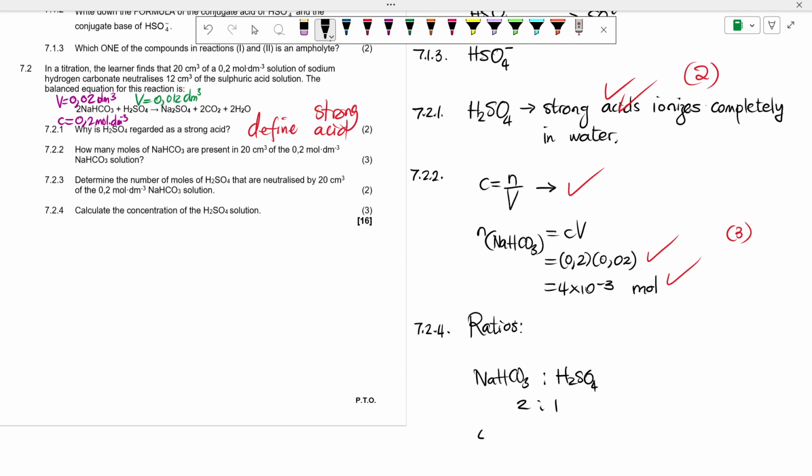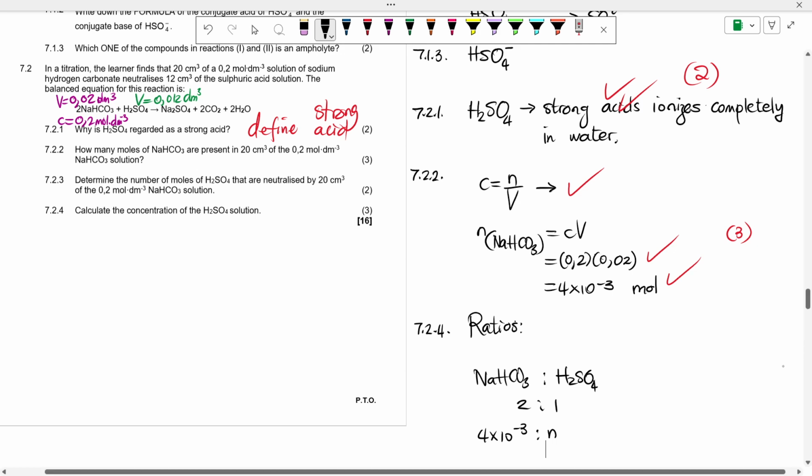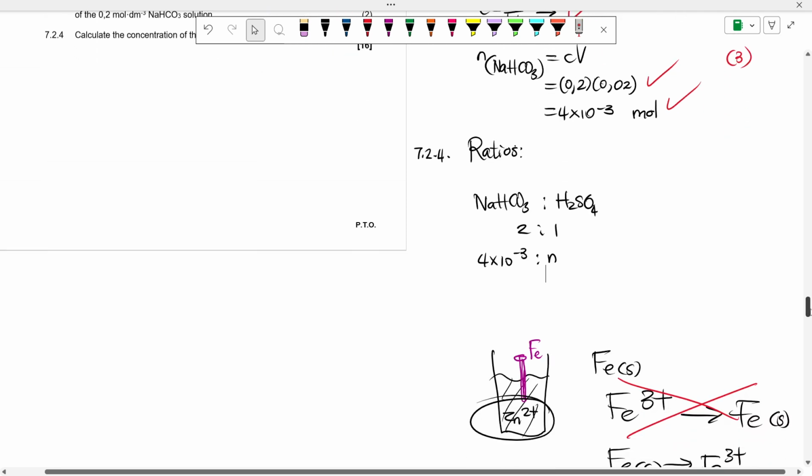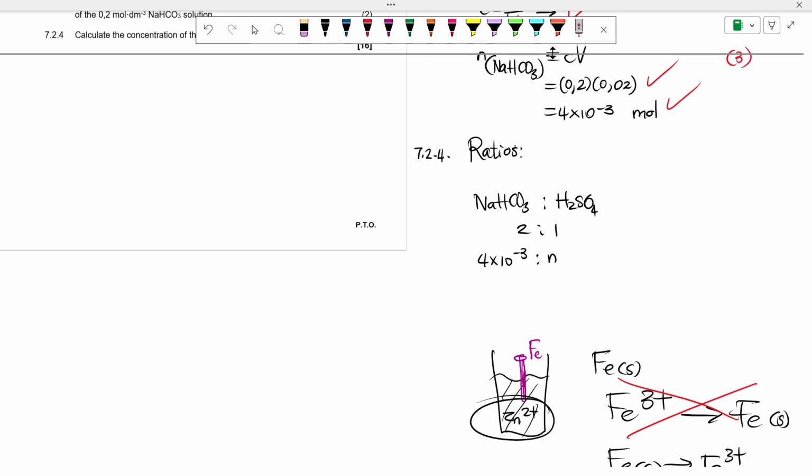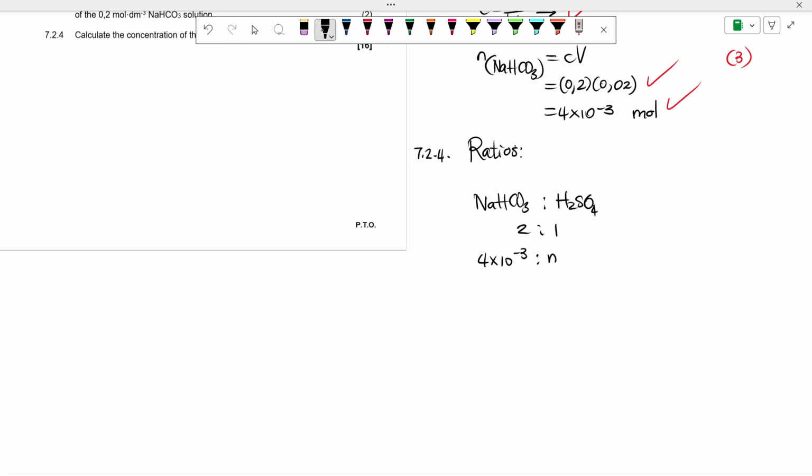Then I know the number of moles of this one, so I can just put N for the other side. Then if I cross multiply, I'm going to have 2 times N equal to 4 times 10 to the power negative 3. So the final answer, we can already tell, it's going to be 2 times 10 to the power negative 3 moles.